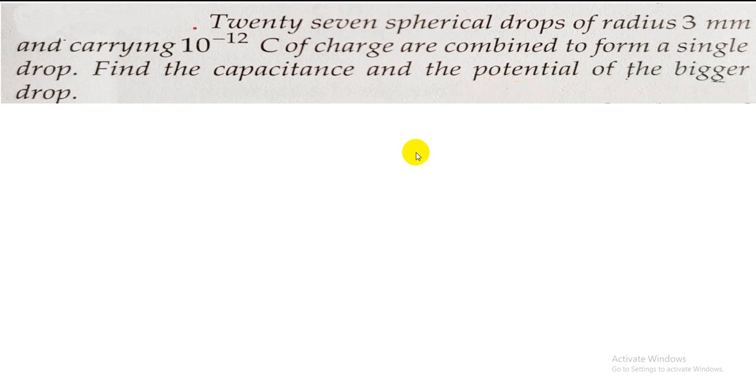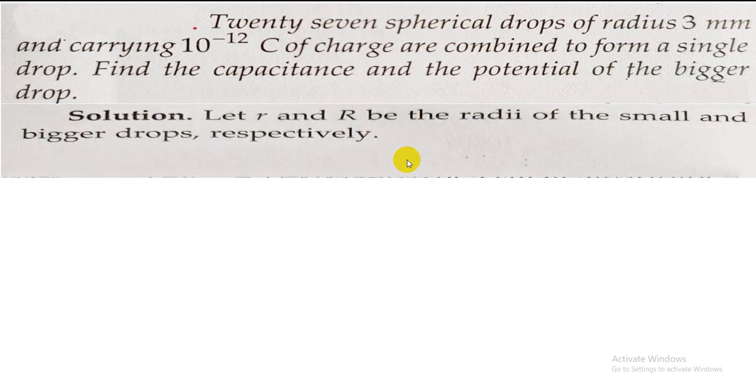For the potential, C is equal to Q by V, so V is equal to Q by C, where Q is the charge and C is the capacitance of the bigger drop. So we need to find the capacitance as well as potential of the bigger drop.